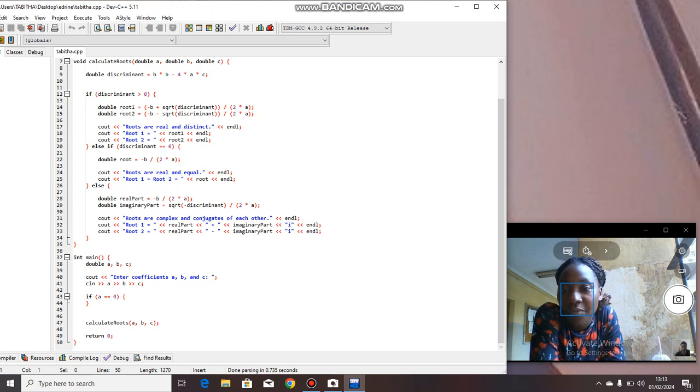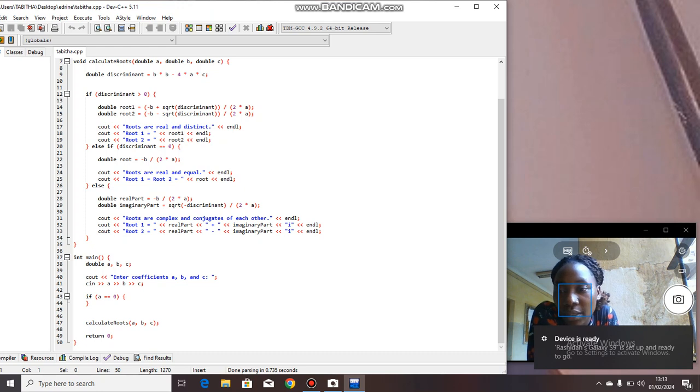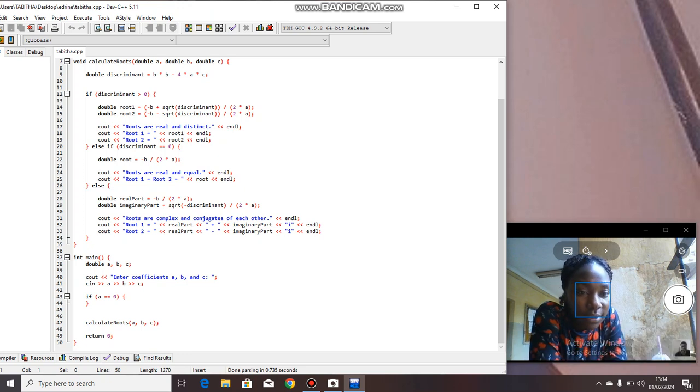We shall enter the coefficients. If a is equal to 0, we calculate the roots of a, b, and c, but then it must return 0. So let's try to compile this and see what it really gives us.